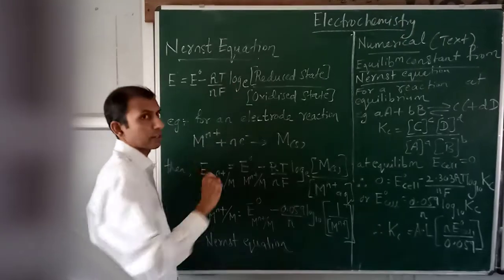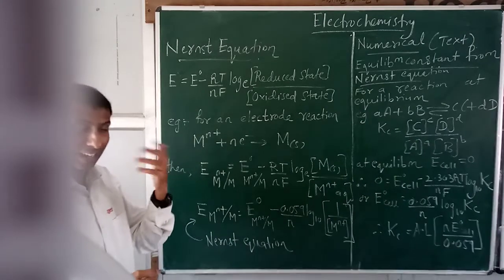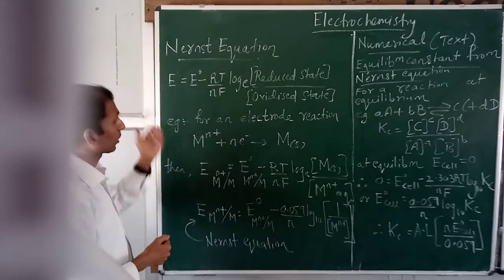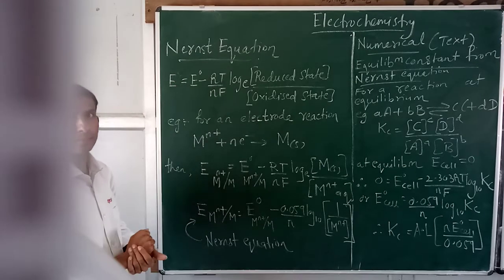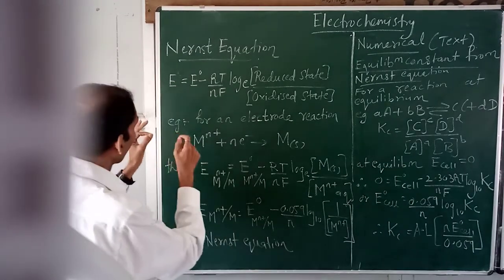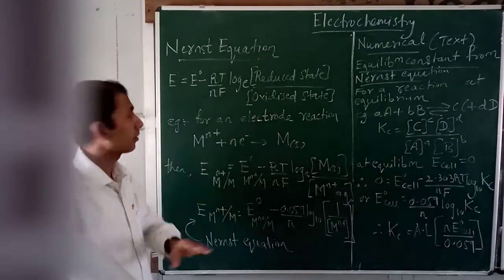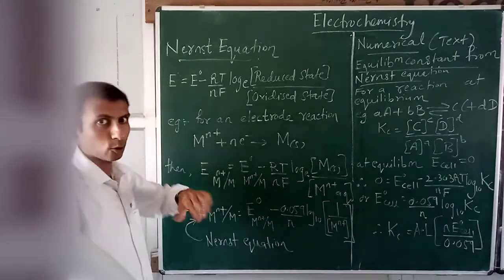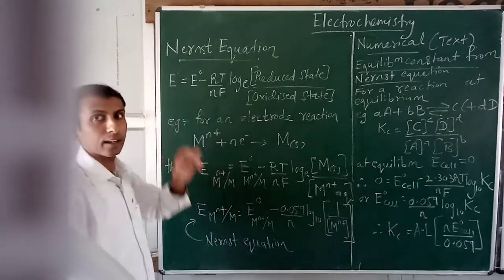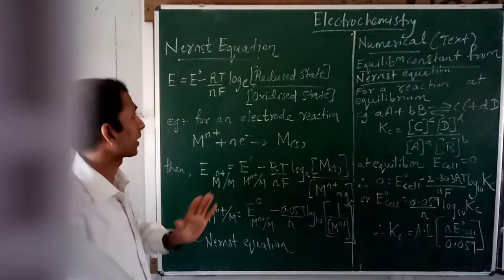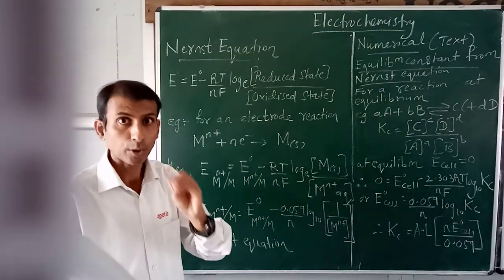So this equation is very important. In the examination they can ask you to write down the Nernst equation and explain the terms involved, so you should know the meaning of each term. E means electrode potential, E° means standard electrode potential, R is the gas constant, T is absolute temperature, n is the number of electrons involved in the reaction, and F means Faraday, very important.